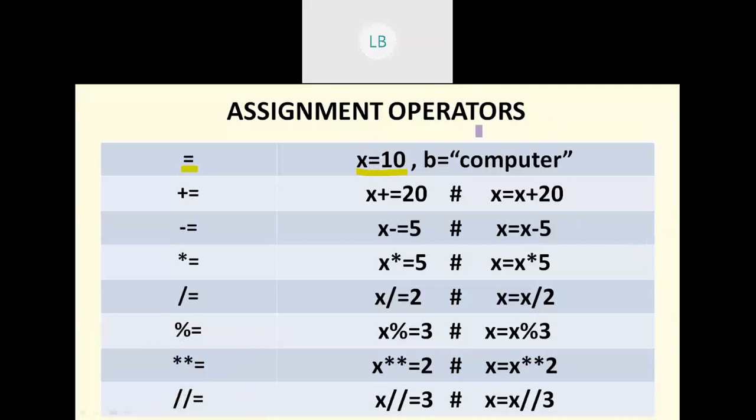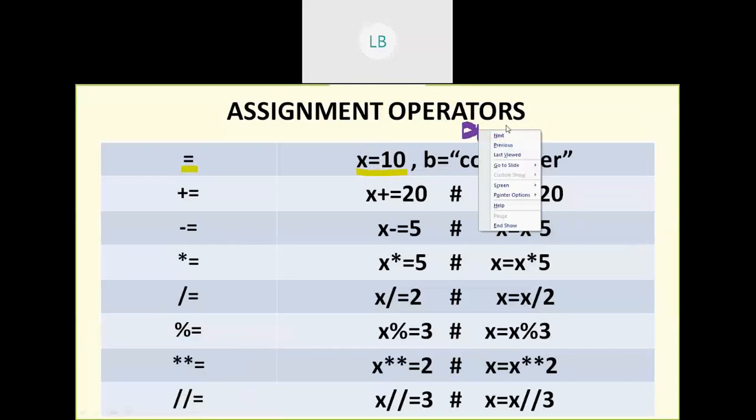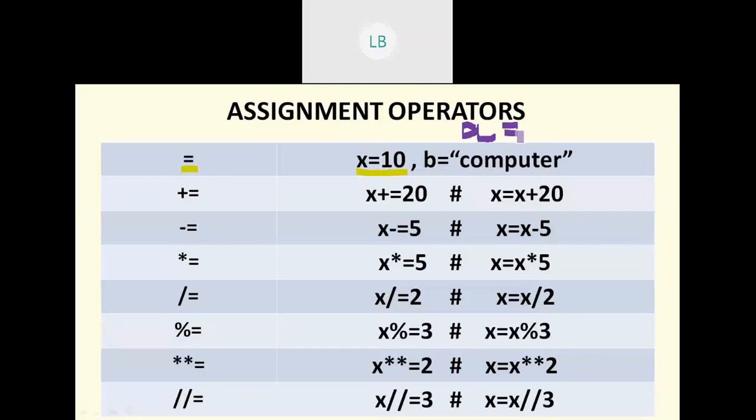Consider this example: A equal to B. If I write like this, it doesn't mean that A is equal to B. On the right hand side of the assignment operator, you have B. The value of B is assigned to A. So this is the simple assignment operator.